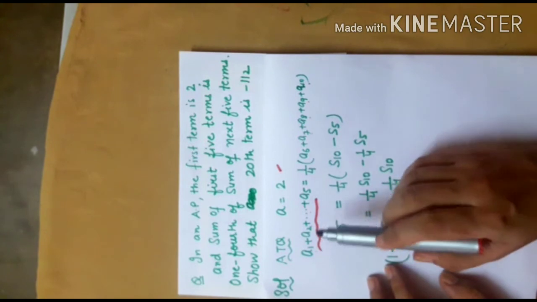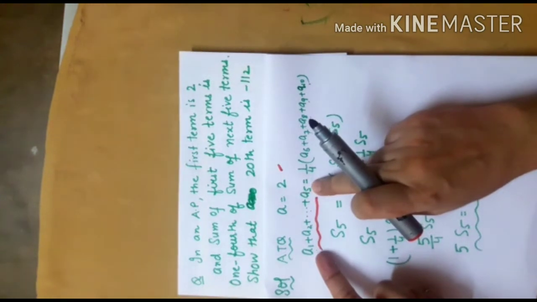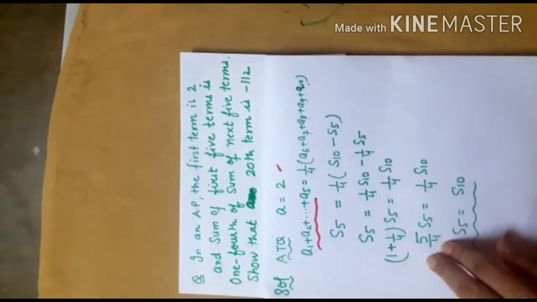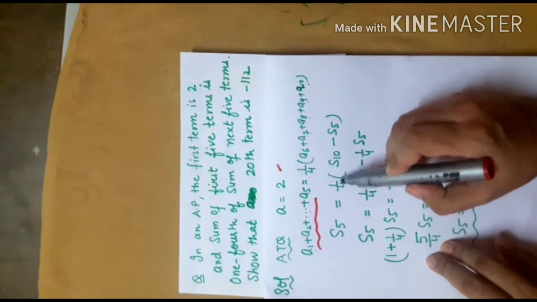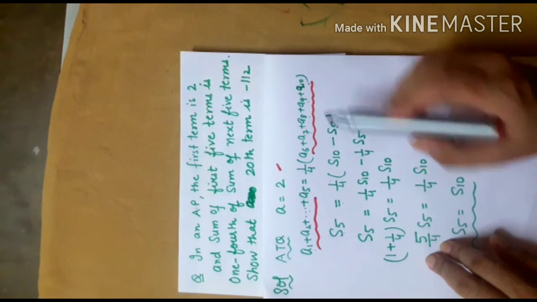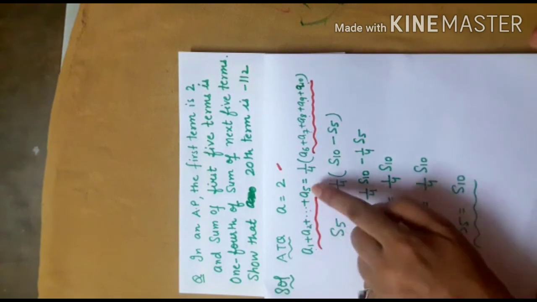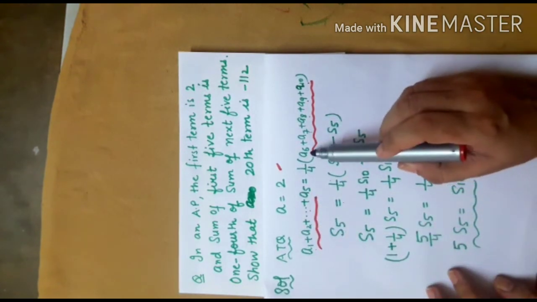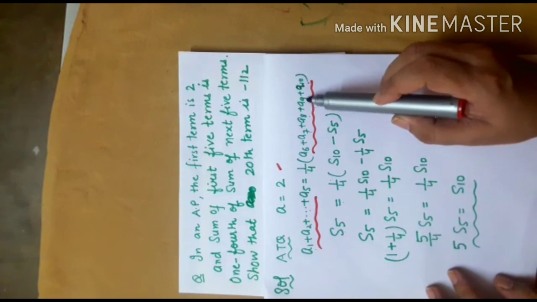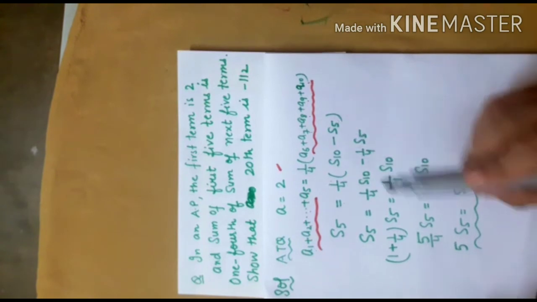Now A1 plus A2 and so on till A5 is the sum of first 5 terms, so it will be denoted with S5, equals 1/4 times. Now look here. Can I write this as S10 minus S5? If from the sum of first 10 terms I subtract the sum of first 5 terms, do I get A6 plus A7 plus A8 plus A9 plus A10? So I write this as S10 minus S5.